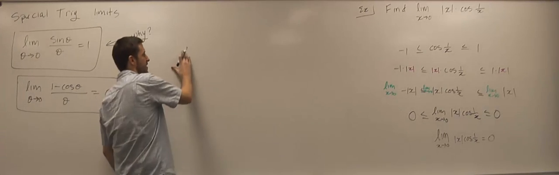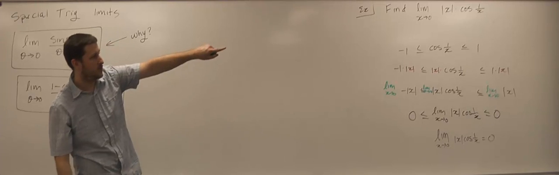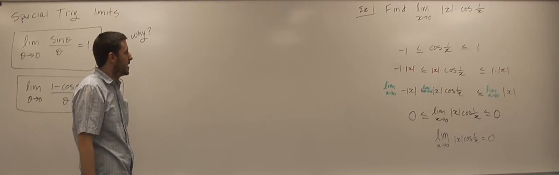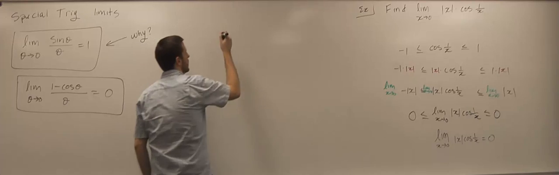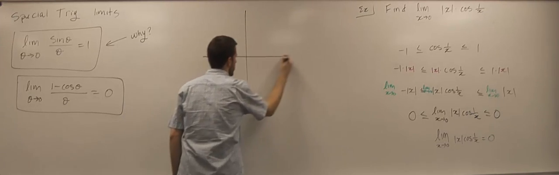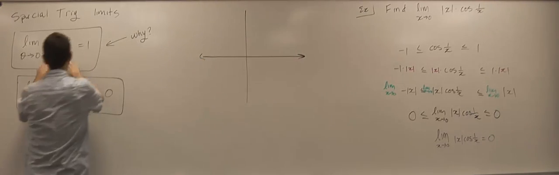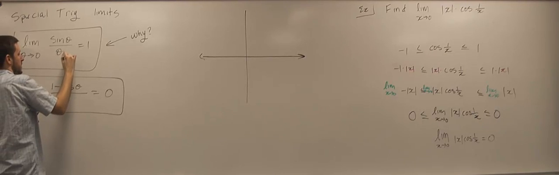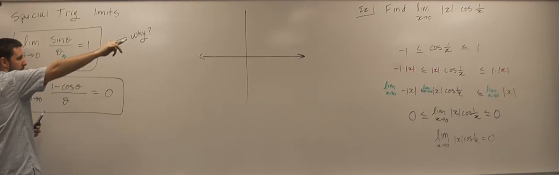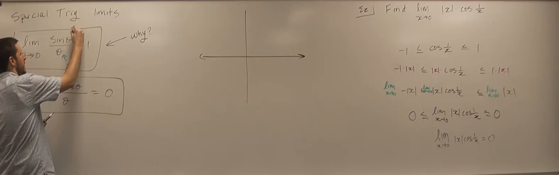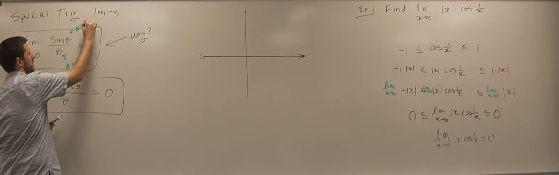The logic, skipping the geometry part and using these graphs instead, is that you can take the function y equals x. Instead of theta, think of him as y equals x, because that's what I have to graph up there. And this guy, think of him as y equals sine x.